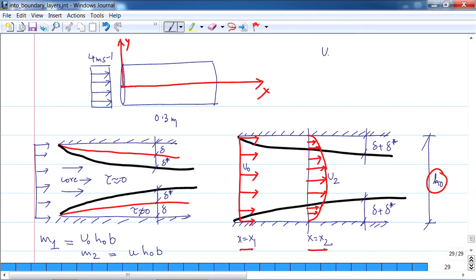So, basically what I am saying is that u2 is larger than u naught, within the displaced thickness, within the boundary layer thickness. So here, if I take u1 and if I take this as u2, both u1 and u2 are less than u naught. I think that makes sense.